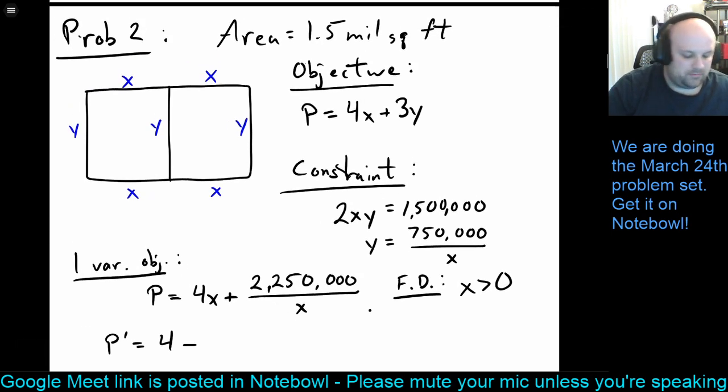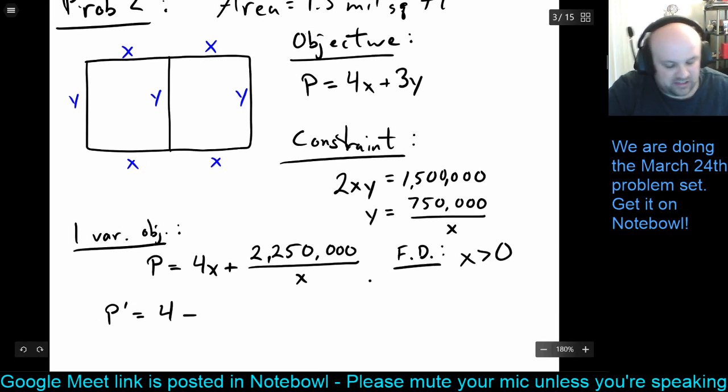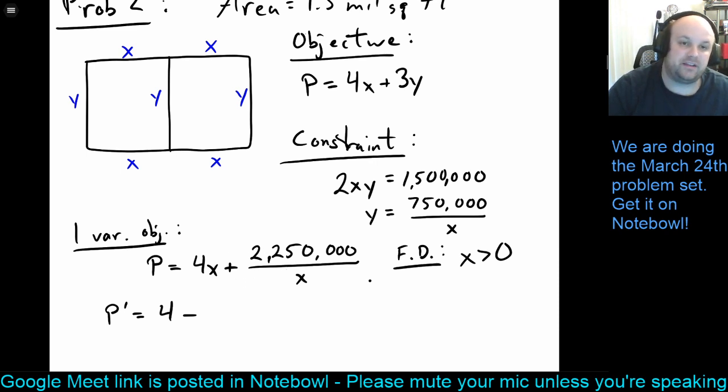So if we don't put this restriction in, there's actually going to be another critical value here, our critical number, for a negative value of x. And we want to make sure that we don't pick up extra critical numbers that don't make any sense for the problem. And maybe in this particular one, it feels a little less important.